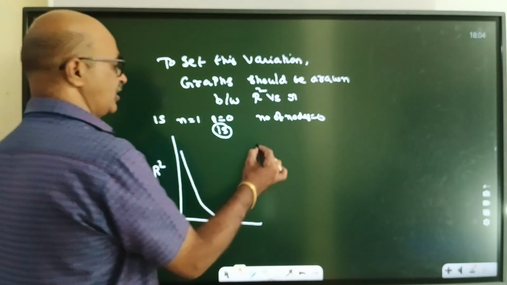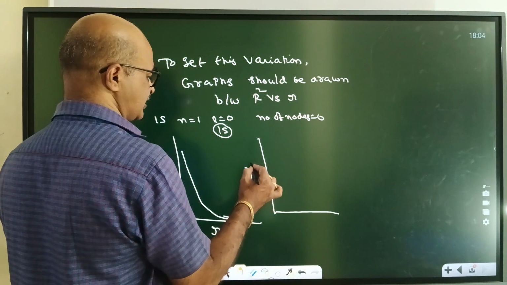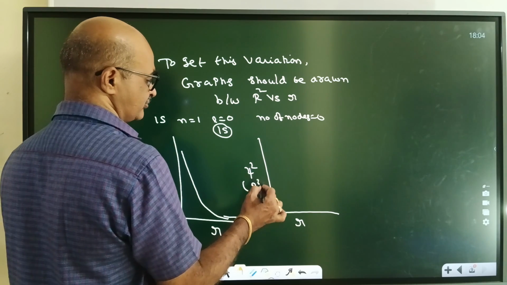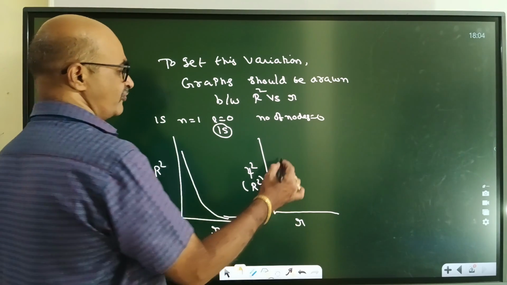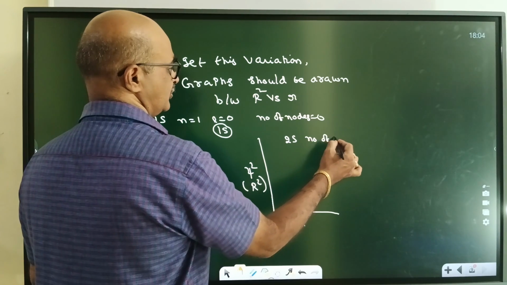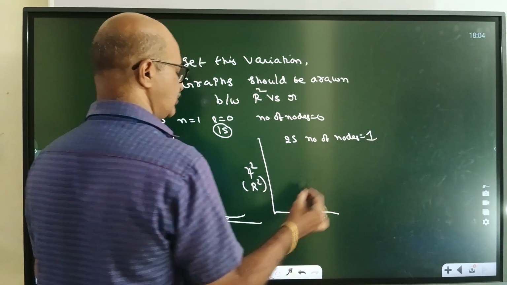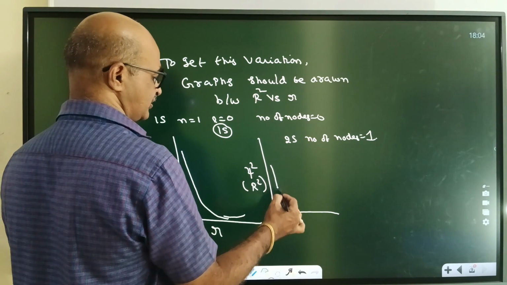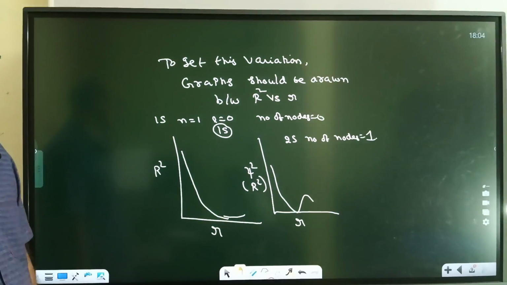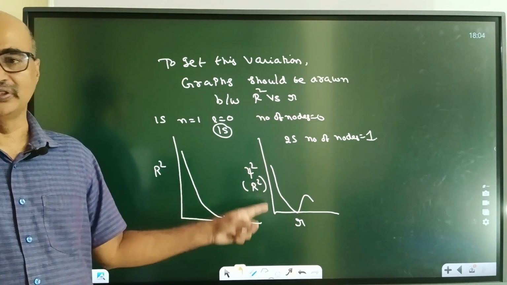For 2s orbital, this is psi square, this is r. Number of nodes is equal to 1. So for every s orbital, the curve starts at the nucleus.